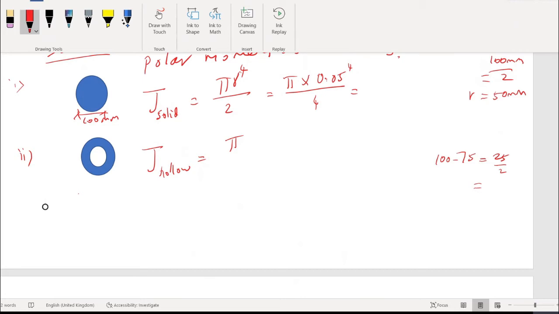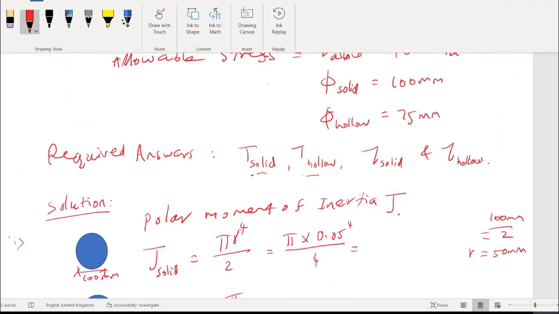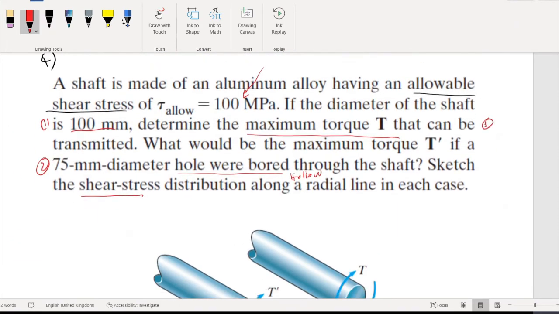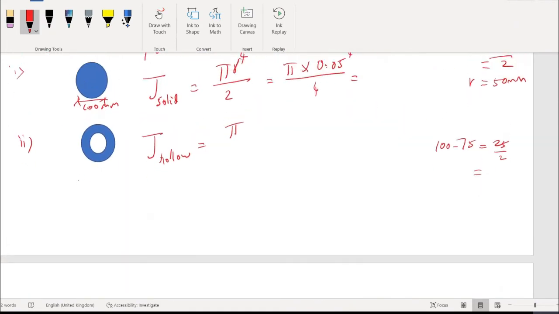Am I correct? Are you following? Only 25 is left, and the 25 you need to divide on both sides. So you are left with 25 all through the sides, because end to end is 100.